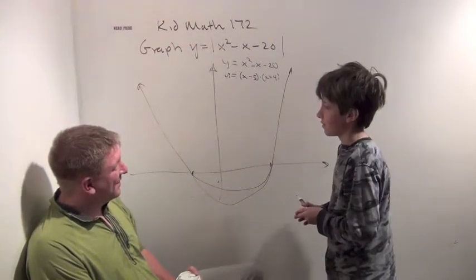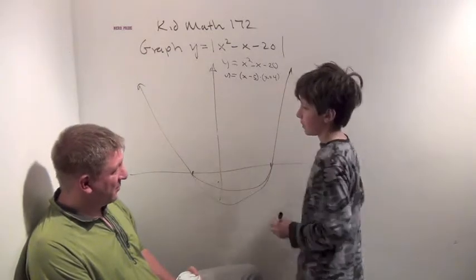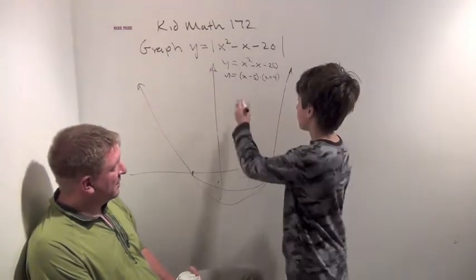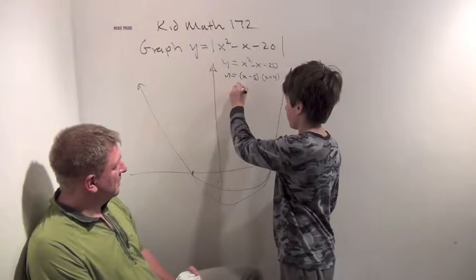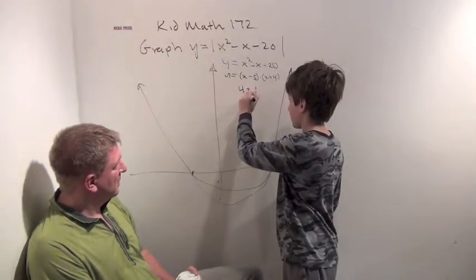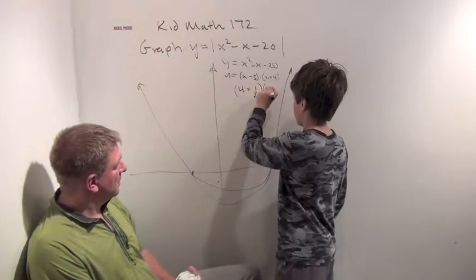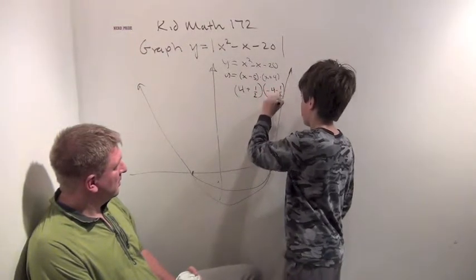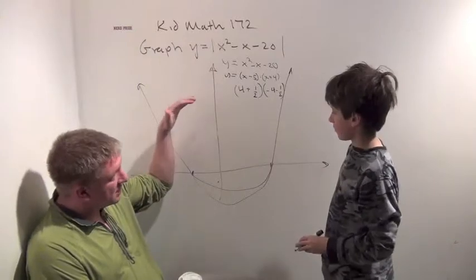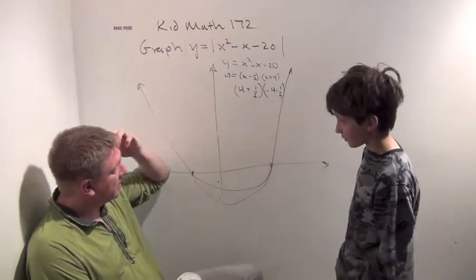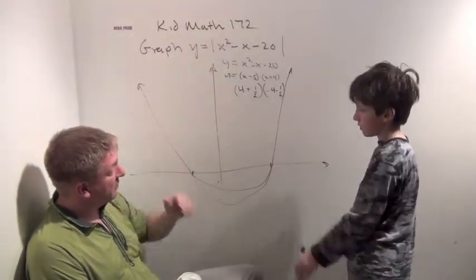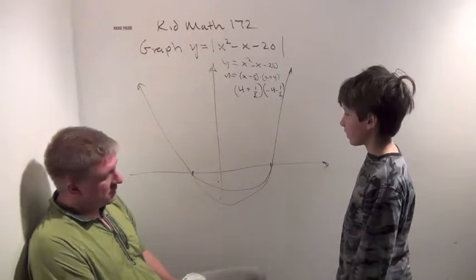How would you do 4.5 times 4.5? Well, I do 4 plus 1/2, times minus 4 minus a half. And that's going to be minus 4.5 squared, right? So you just have to do 4 plus a half times 4 plus a half. Or, okay, do however you want.